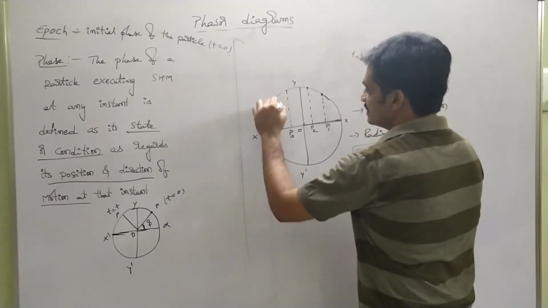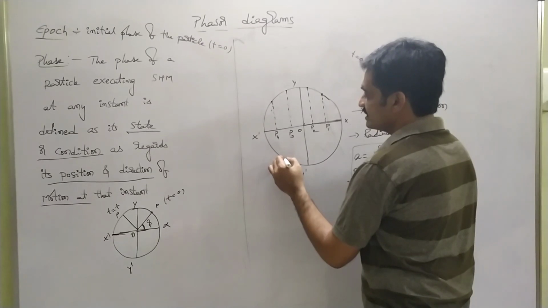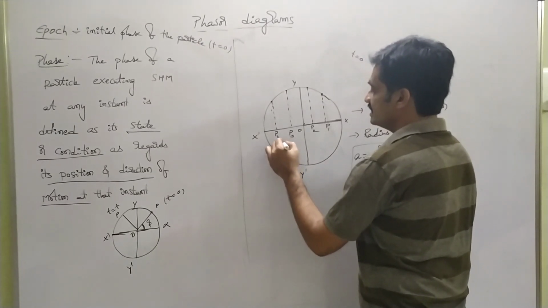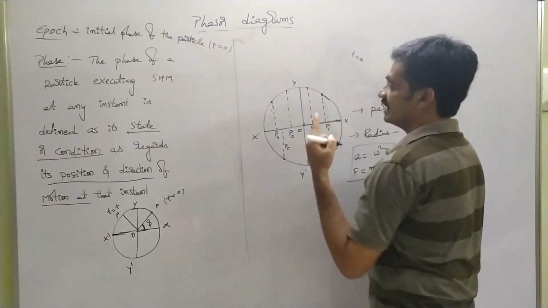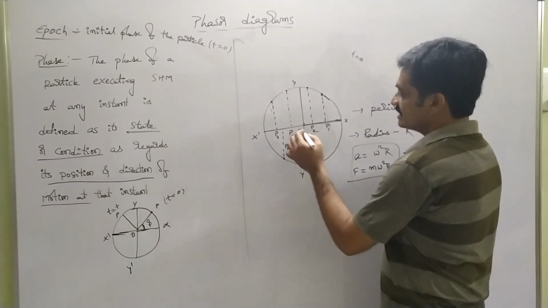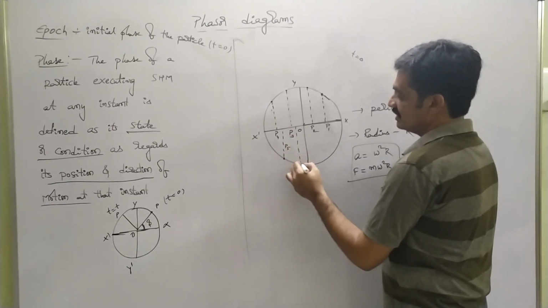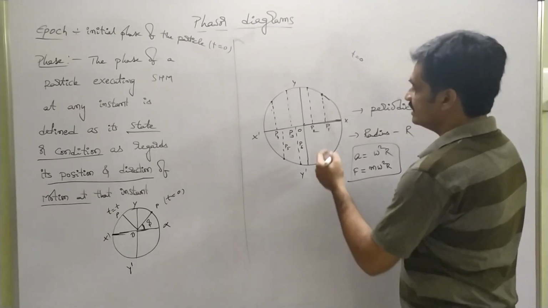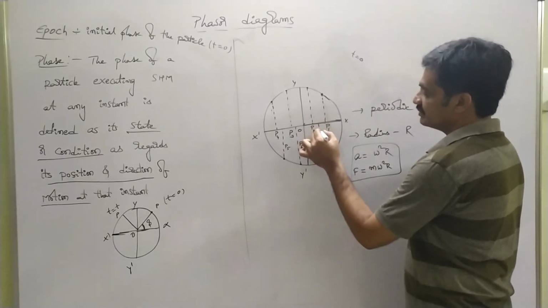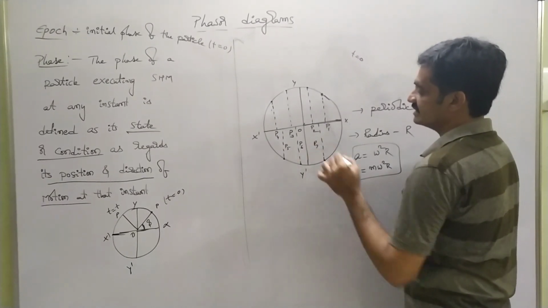Now still it moves in the uniform circular motion, and if the particle has reached this position, the projection is represented as P5 on the diametrical line XOX'. Next, the particle has reached this position and the projection is represented as P6. Next, the particle has reached this position and this projection is represented as P7.